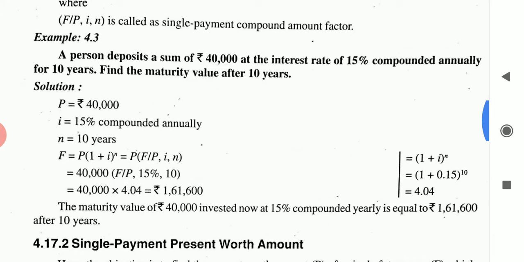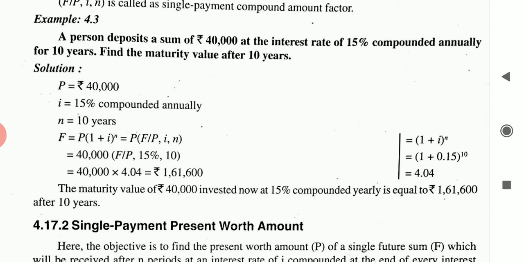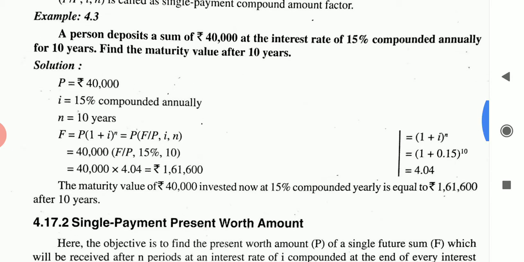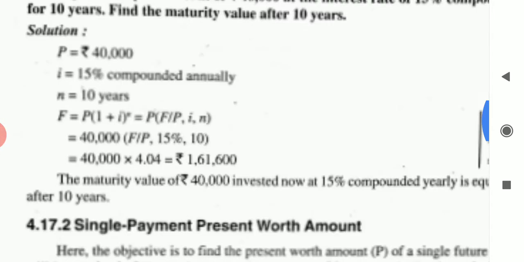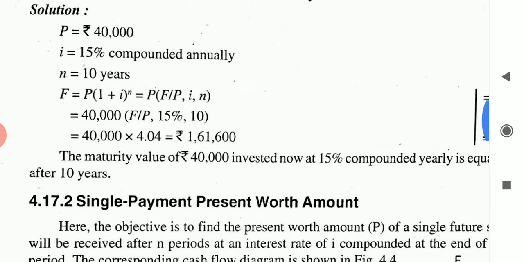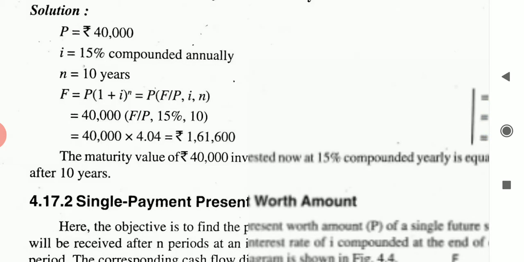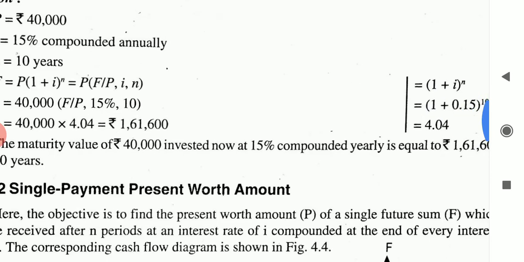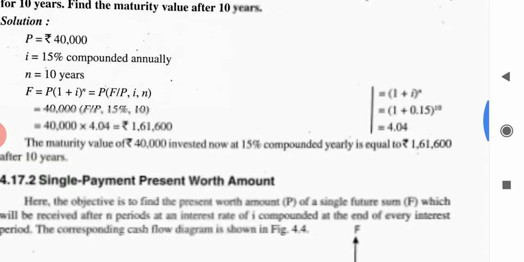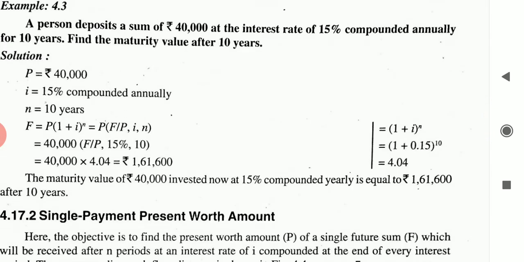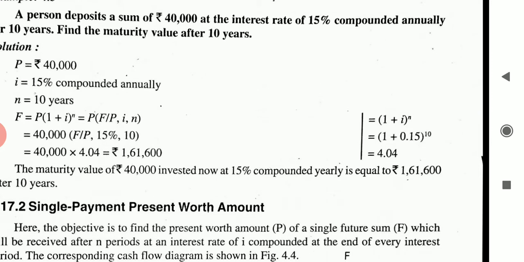Find the maturity value after 10 years. By using the single payment, we have to calculate the maturity amount. P is already mentioned as 40,000, the rate of interest is 15% and the period is 10 years. The single payment formula is F equal to P of 1 plus i raised to n. Here i is 15 by 100, which is 0.15.